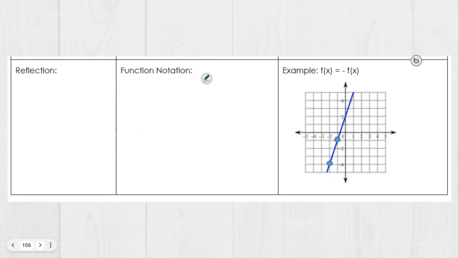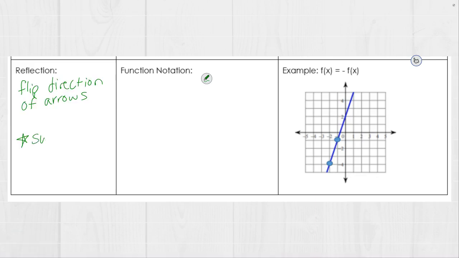Then we've got the reflection. That's when we flip the direction of your arrows. So it's basically switching the sign in front.